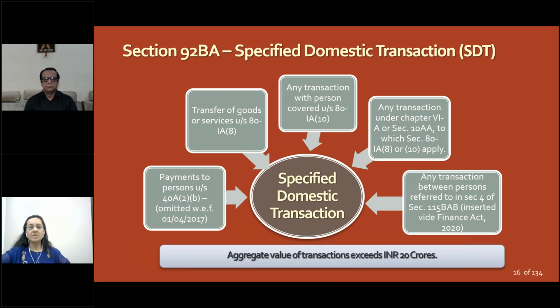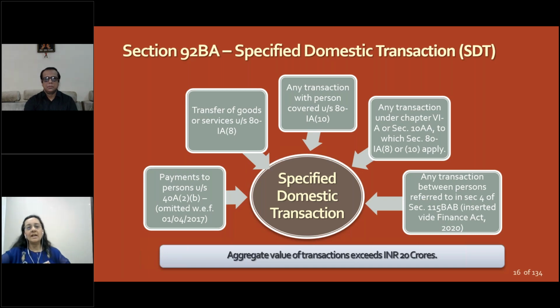Any transaction with a person covered under 80IA(10). Again, anybody who has an eligible business which is transacting with a non-eligible business is covered. Any transaction under Chapter VIA or Section 10AA to which Section 80IA(8) or 80IA(10) applies.